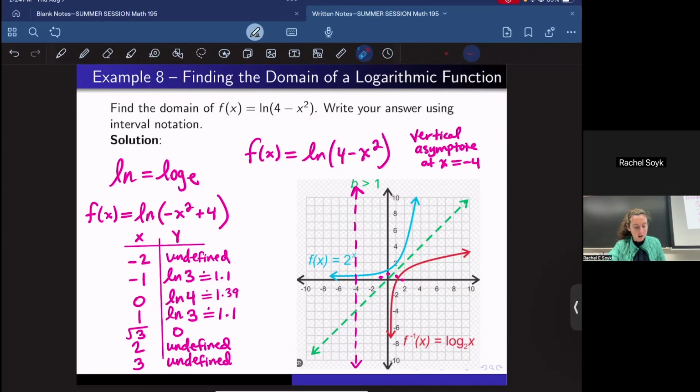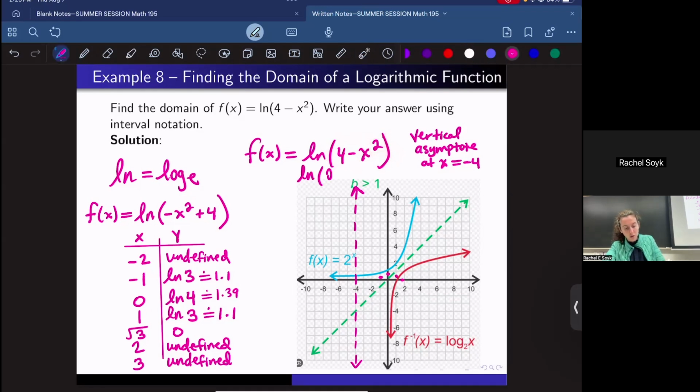Yeah, so our slight mistake was that 4 isn't the horizontal shift, because once again, that needs to be with our x. So what you want to do here, especially since we have that exponent of 2, is factor this.